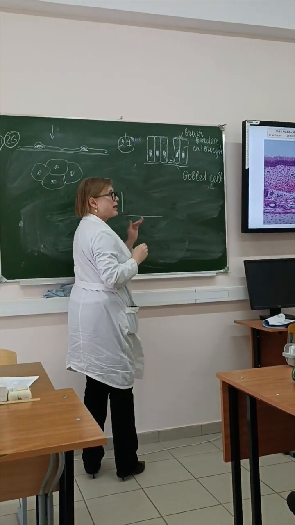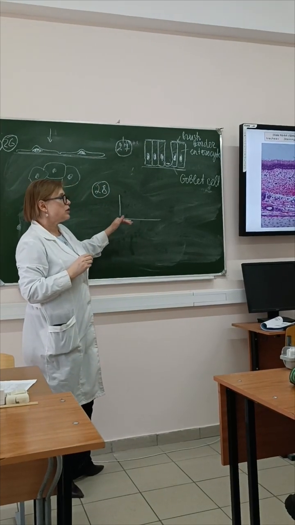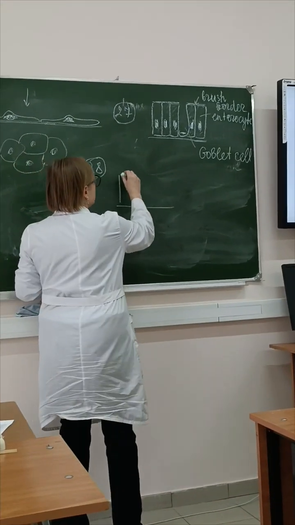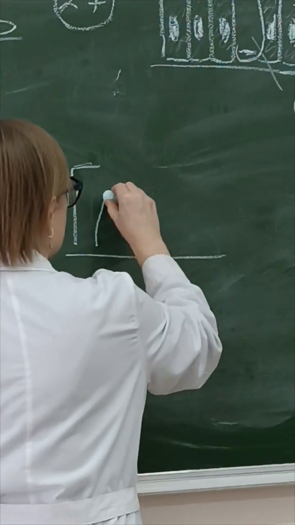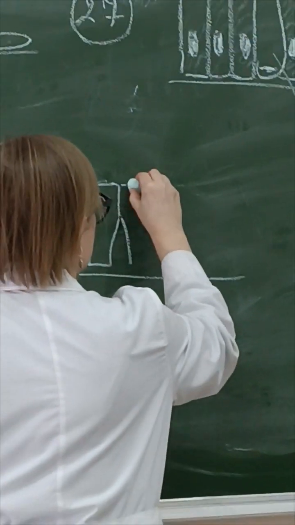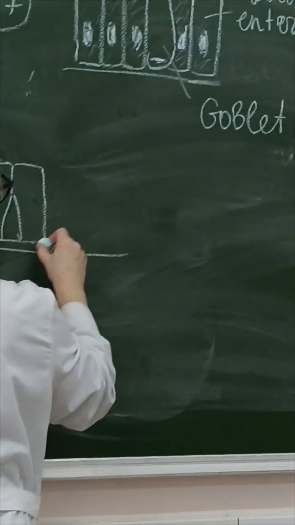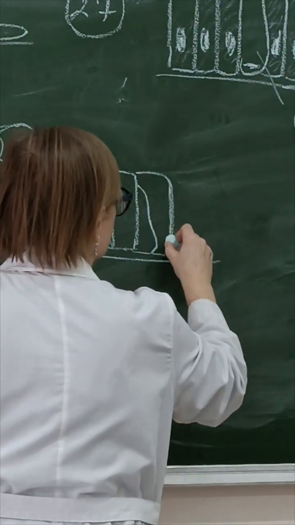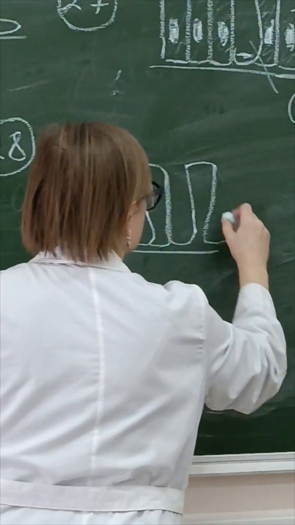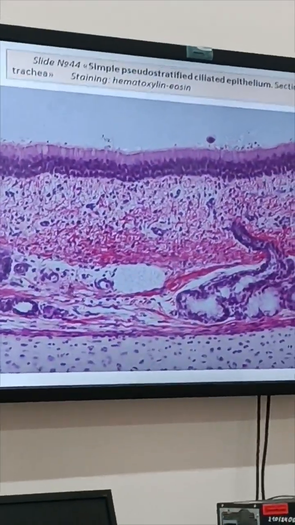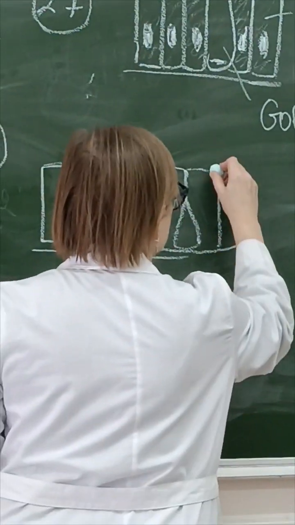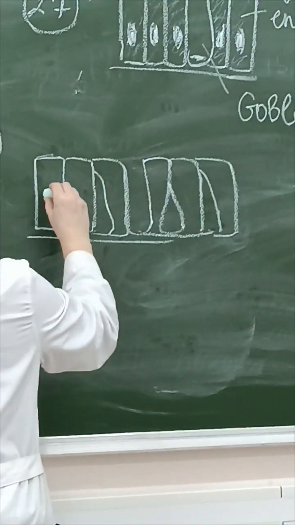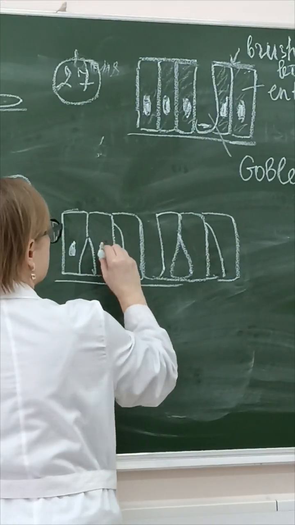We know that all cells lay on the basement membrane. That's why on our diagram we should demonstrate that all cells lay on the basement membrane. So a high enough cell has nuclei on this level.